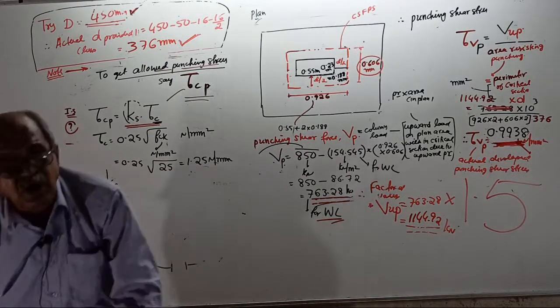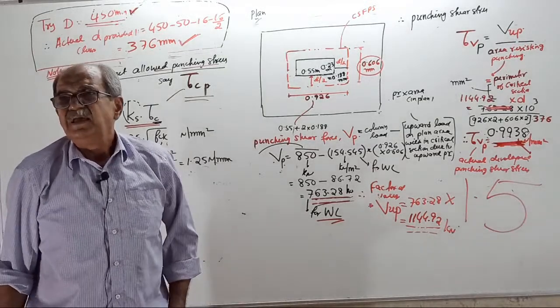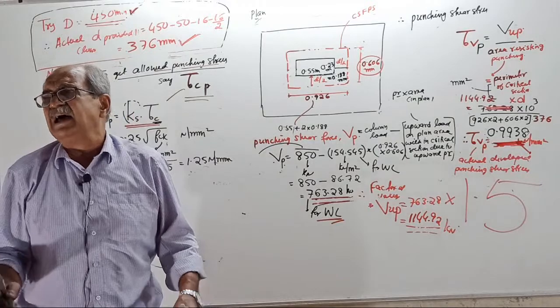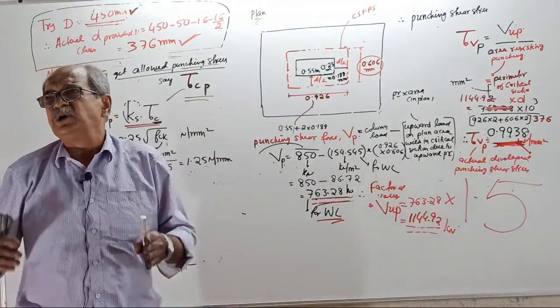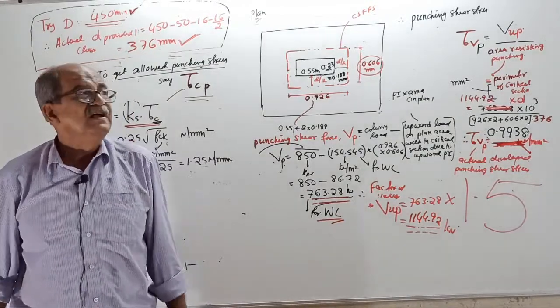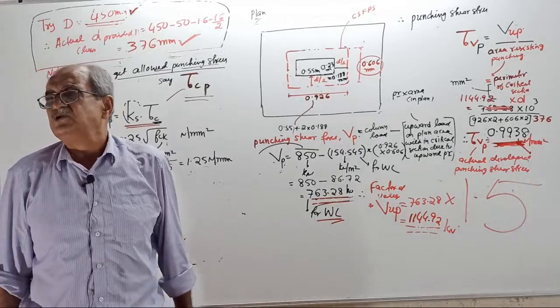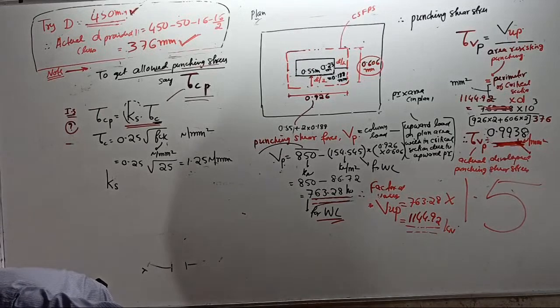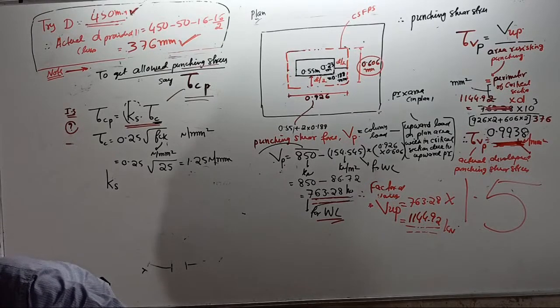I told 3-4 times. If it is circular or square or rectangle with one side not too high compared to the other side, is the punching effect uniform or non-uniform? Why again and again? Will it be uniform or non-uniform?